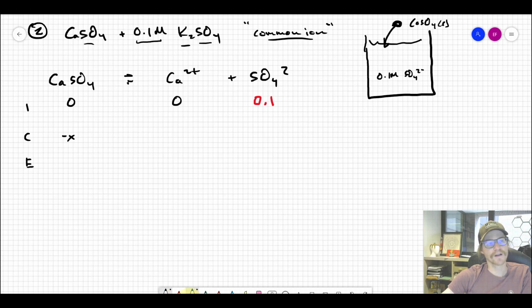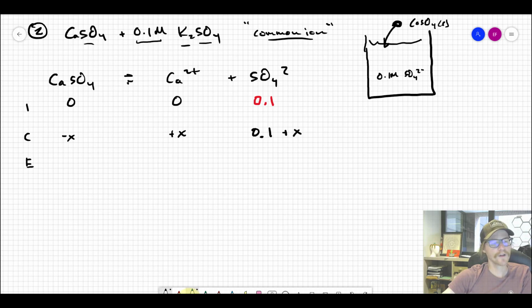Again, we're going to have some amount X of the calcium sulfate that dissolves, 1 to 1 here, so this turns into an addition of X of calcium ion that dissolves into the solution. And now for sulfate, we're going to have whatever the original concentration is plus some amount X, again, the X coming from the fact that the balancing coefficients here are just 1 to 1.